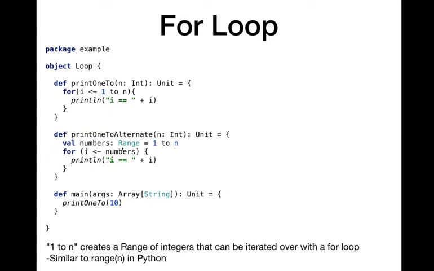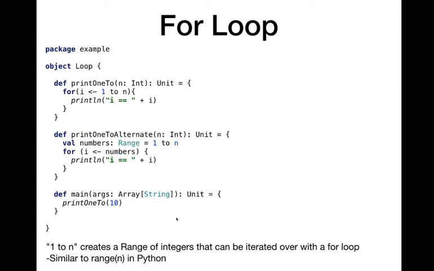To make that a little more explicit, I rewrote this and said 1 to n, and then stored that data structure in a variable, and the type of that return value is a Range, and then I can iterate over that range. So just to pull that apart, we're creating a range data structure which can be iterated over in a for each loop, and then I'm iterating over that data structure that contains those numbers from 1 to n.